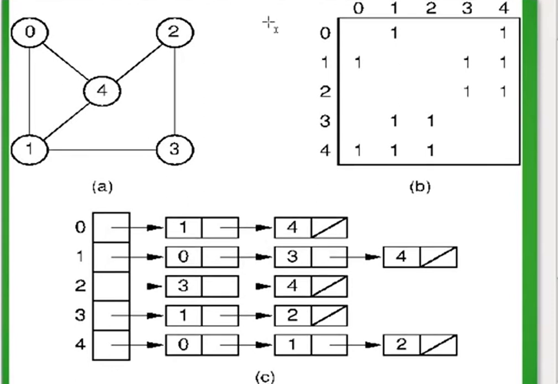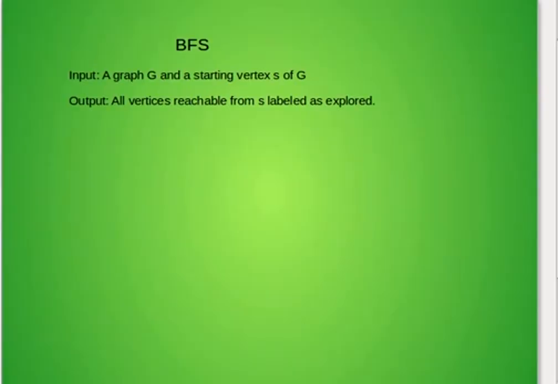Now let's move on to our BFS. BFS is one of the simplest algorithms for searching a graph. Dijkstra's single source shortest path algorithm and Prim's minimum spanning tree algorithm use a similar idea to BFS. Basically, traversing a graph means visiting all the vertices in the graph exactly once.